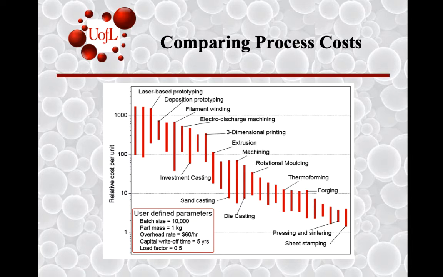You can generate plots like that depending upon the specific input that you might have, and you can decide to screen out some options depending on when you can make things. And you can see, at least for right now, additive manufacturing based processes tend to be more expensive than some of the volume manufacturing processes.